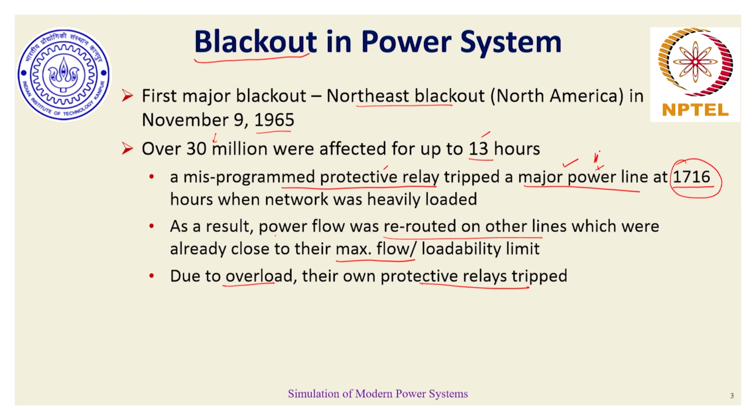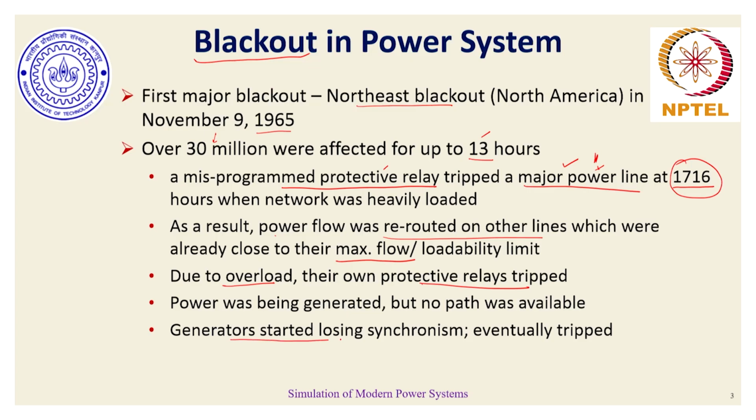So essentially there was generation, there was load, but there was no corridor through which generation could transmit its power to the load. Power cannot be created, cannot be destroyed, it can only be transmitted, stored, or passed on.